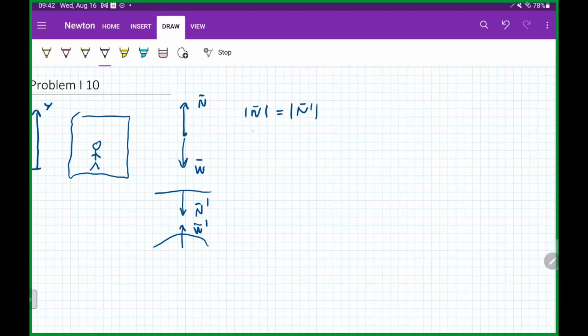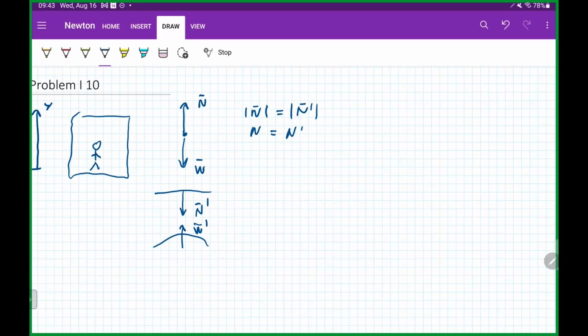For the sake of simplicity, we just write the letters, we ditch the arrow and the bars. Those forces have the same value but opposite directions. So if we can calculate N, we can calculate N prime.